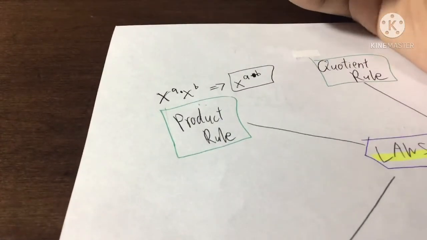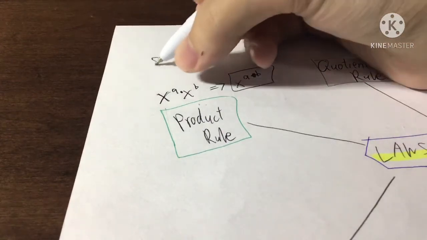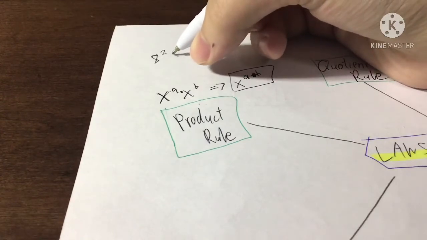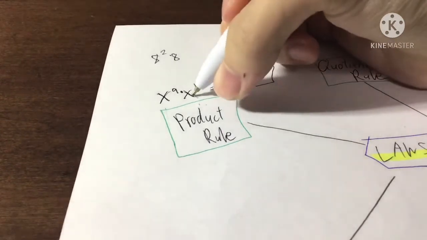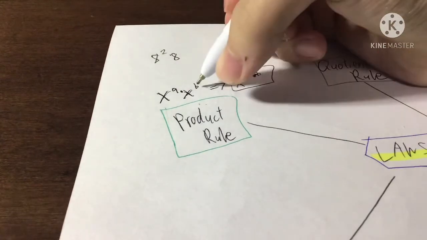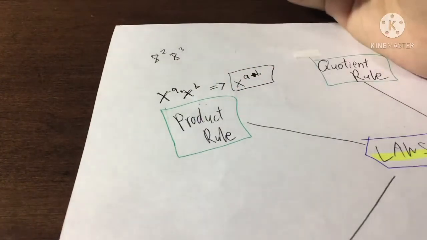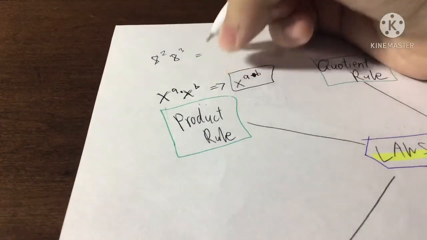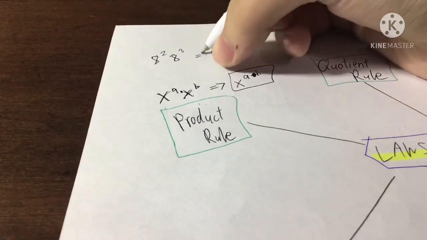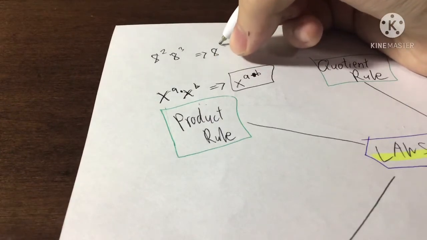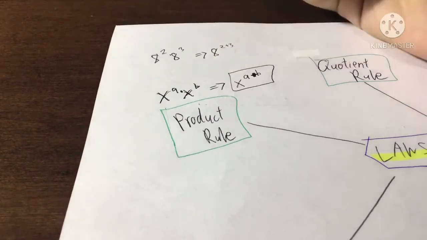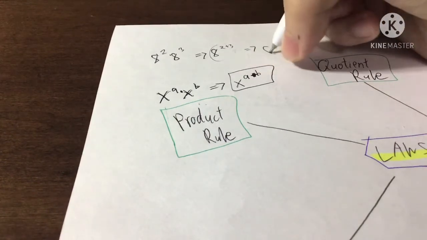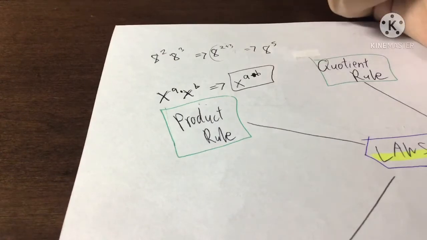Example, we'll have x as 8, and our exponent a would be 2, and another 8 because we have another x here. Then the exponent b will be 3. So 8 squared times 8 cubed. Basically, we can say that 8 raised to 2 plus 3. Furthermore, this will be 8 raised to 5.